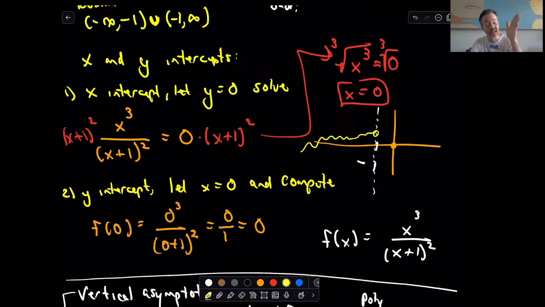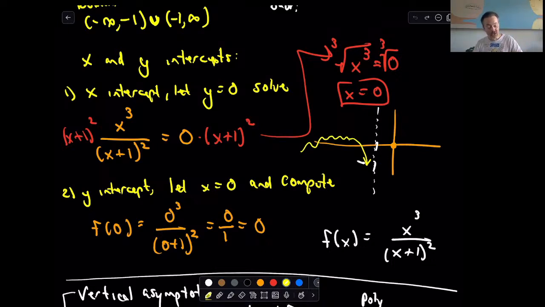It's just undefined is all it is. But for this type of function, what's going to happen is it's either going to spike up to infinity or it's going to spike down to infinity. And the same thing's going to happen on the other side of the graph. If I approach from the right, it's either going to go up to infinity or it's going to go down to infinity. And it should cross through that intercept.